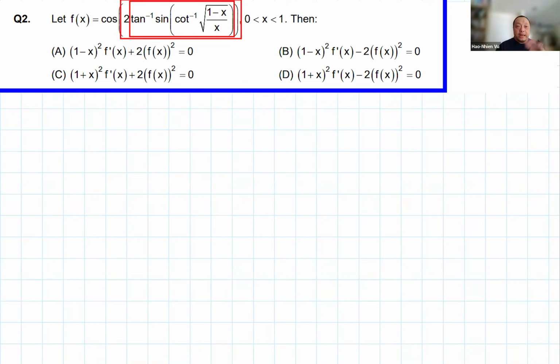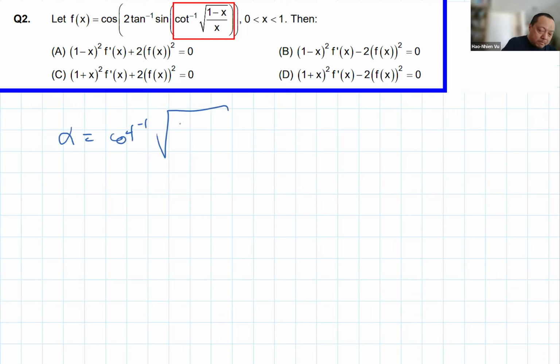And then there's 2 times that. For each angle, let's draw the right triangle for its definition. First, let's define the cotangent inverse as angle alpha. And in fact, let's split that square root of a fraction into a fraction of two square roots. Like this.